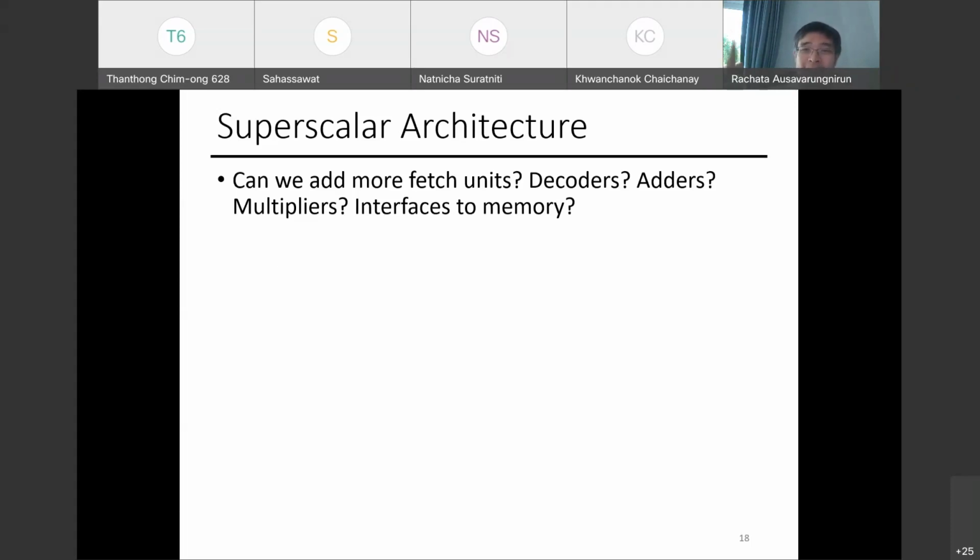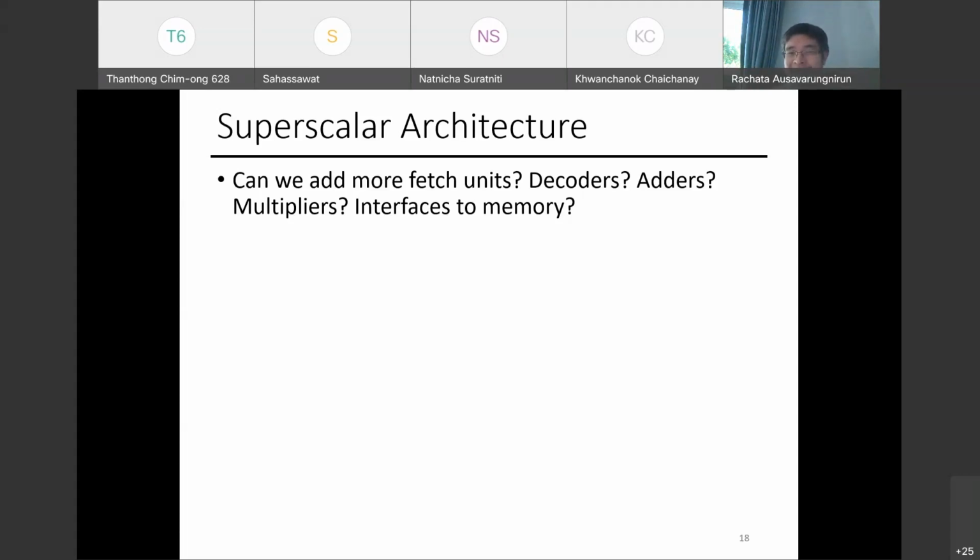In the CPU you buy, you have a fetch unit capable of getting multiple instructions in a cycle. You can have more adders, more multipliers. You can have a unit that can send memory accesses all at the same time. Anyone here heard about memory bandwidth?